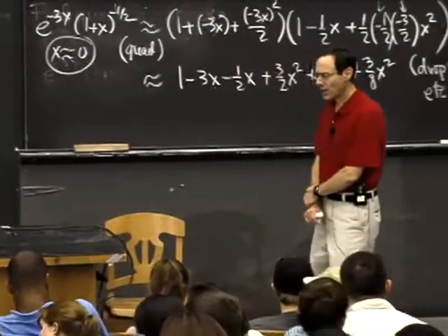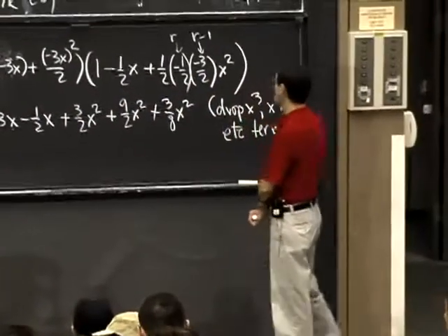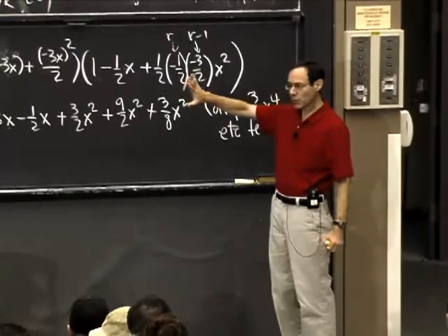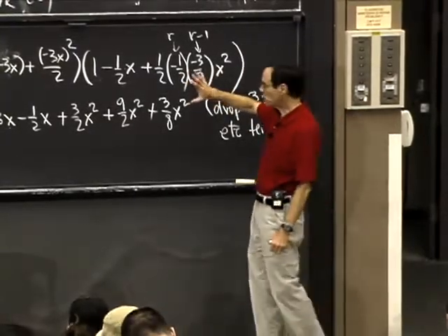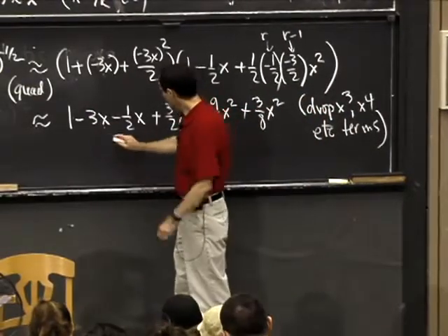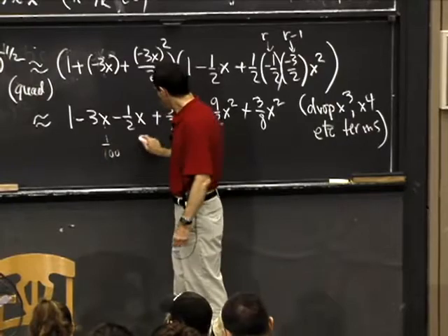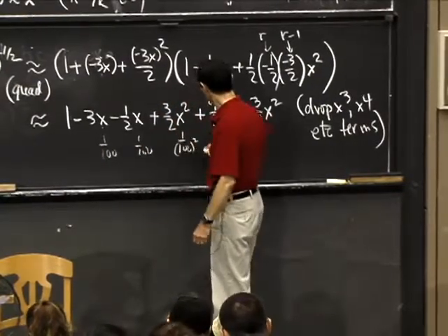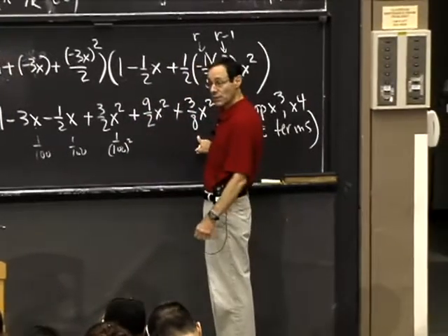Why do I get to drop all the higher order terms? That's because the situation where I'm going to apply this is a situation in which x is, say, 1/100th. So here's something which is on the order of 100th. This is on the order of 100th squared, all of these terms.